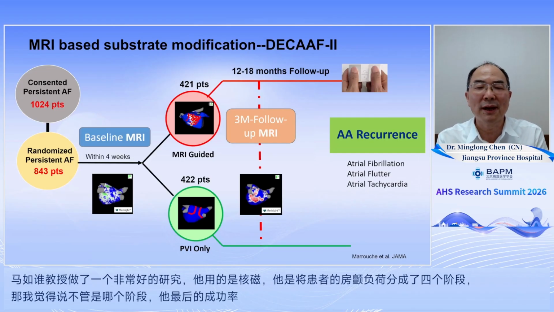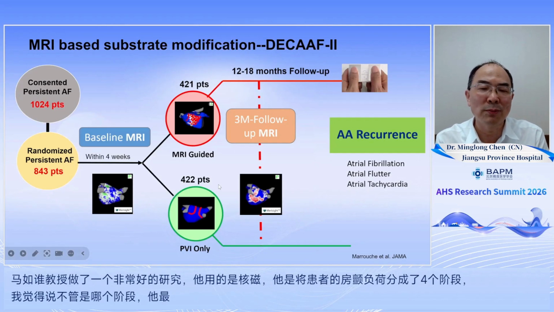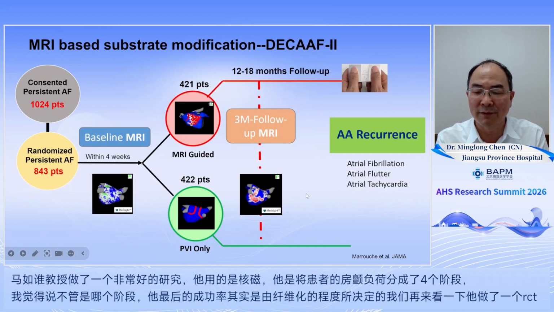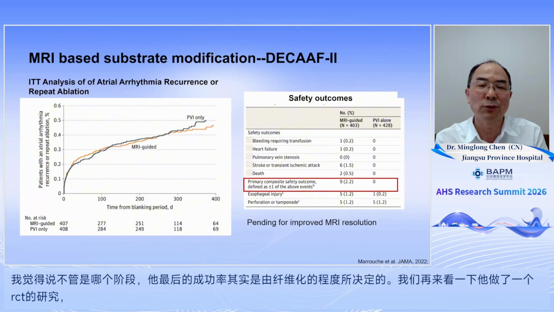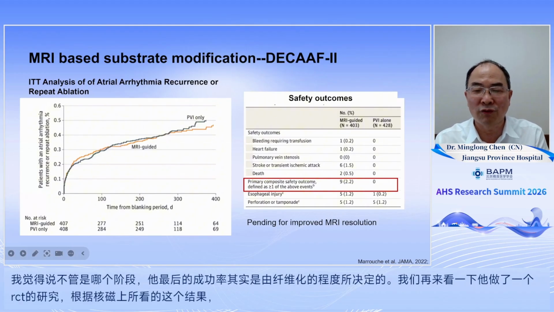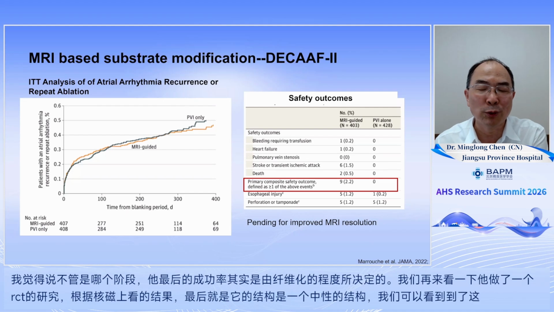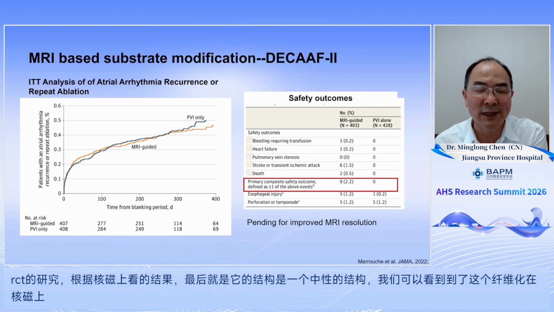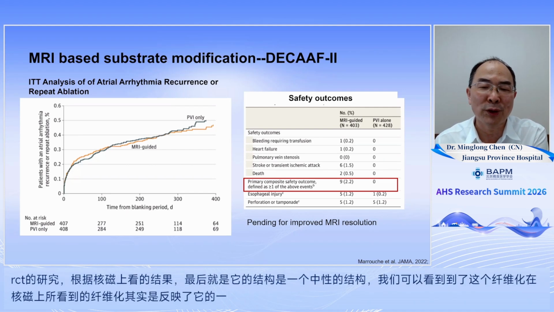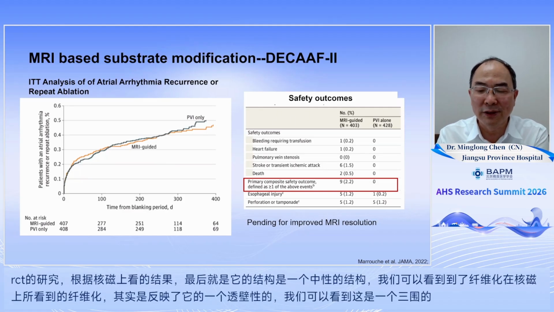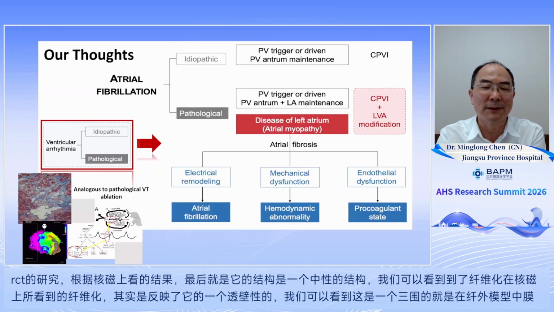But then he conducted a randomized clinical trial based on the MRI detection of atrial fibrosis, but the final result was neutral. This is because the atrial fibrosis detected by MRI often reflects the transmural, 3-dimensional atrial fibrosis, the epicardial, the intramural, the endocardial, but ablation often only targets the endocardium.